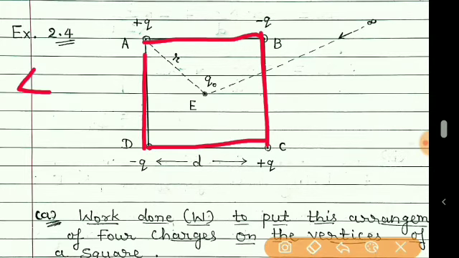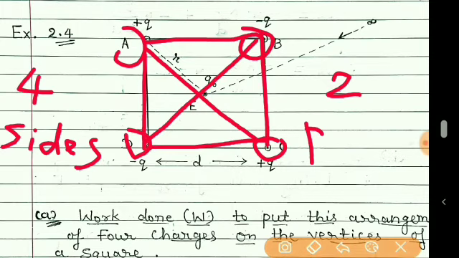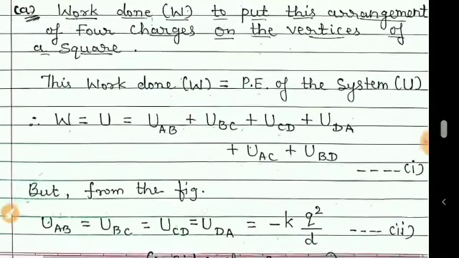These are the 4 pairs related to the sides of a square, and the 2 pairs are diagonally opposite to each other: pair AC and pair BD. So finally, in all there are 6 pairs for which we have to find the total potential energy.